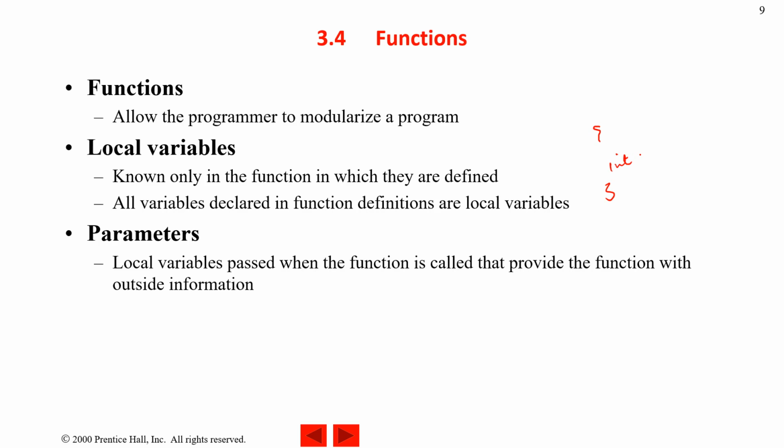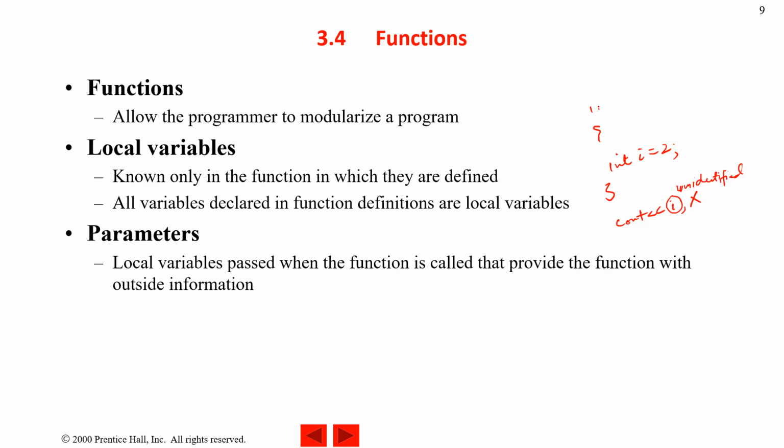So if I have int i is equal to 2 over here, and here I write cout i, this cannot happen because this is outside of the block. i would be an undefined variable here.